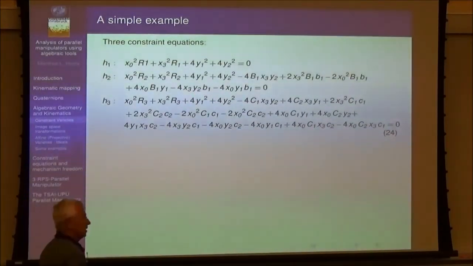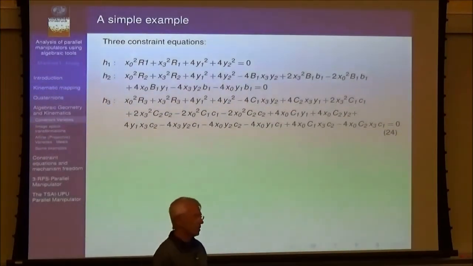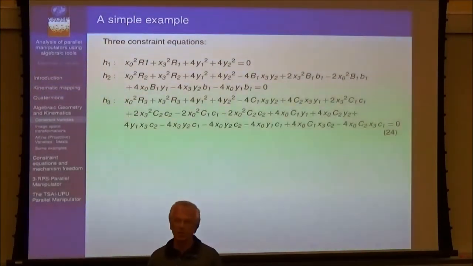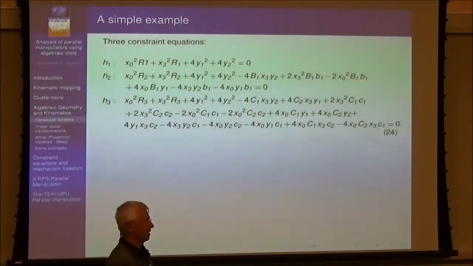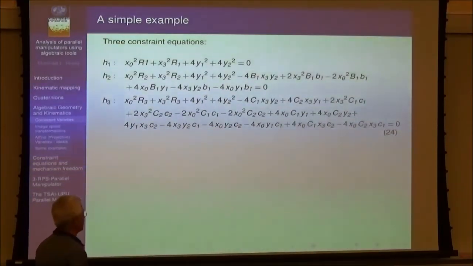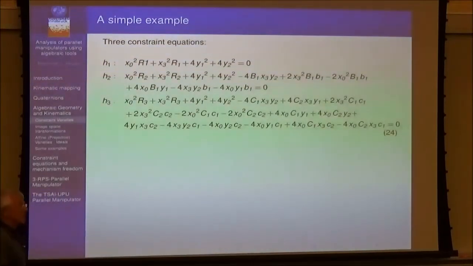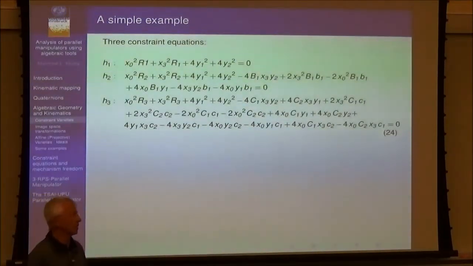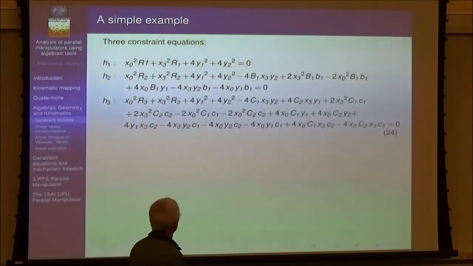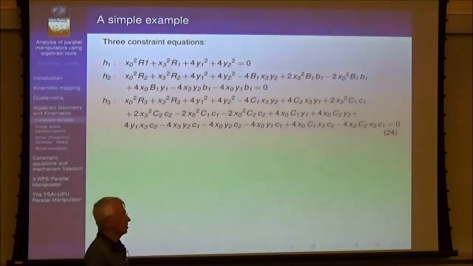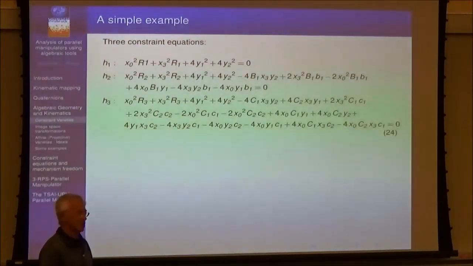And now something comes. When you have these constraint equations, you are allowed to manipulate them. The type of manipulation will become a little bit clearer later on. But what you can definitely do, you can add equations, multiply these equations, subtract these equations.